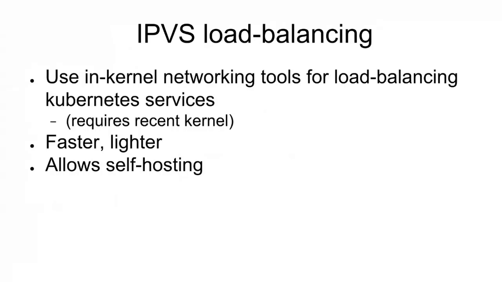Jump in. I mean, the big thing with this is enabling the use of IPVS, which is a Linux kernel feature, in order to do load balancing. Right. So classically, the service resource in Kubernetes by default uses a set of iptables rules and netfilter.